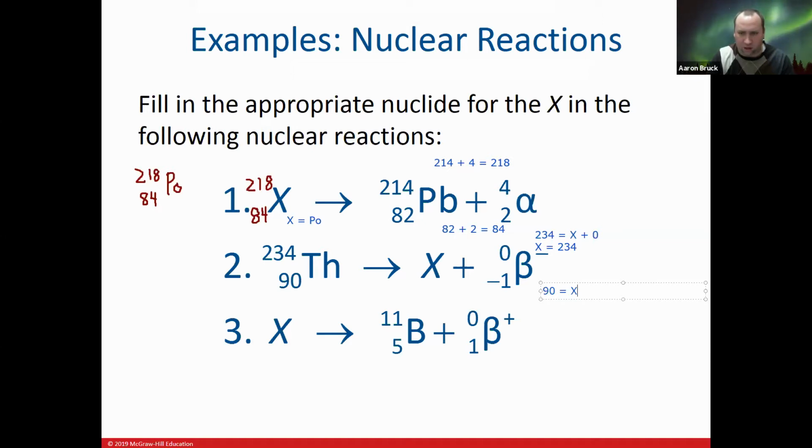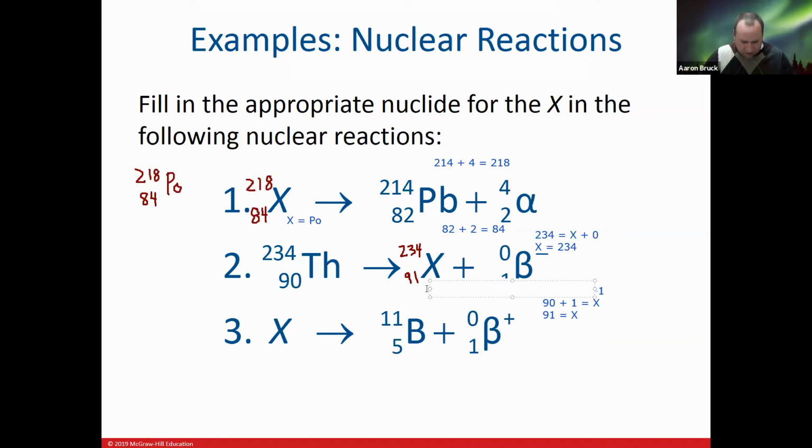X, I don't know. -1 is the beta particle. And so to solve this, I would need to take 90 plus 1, which would be 91. So I've got a mass number of 234, an atomic number of 91.